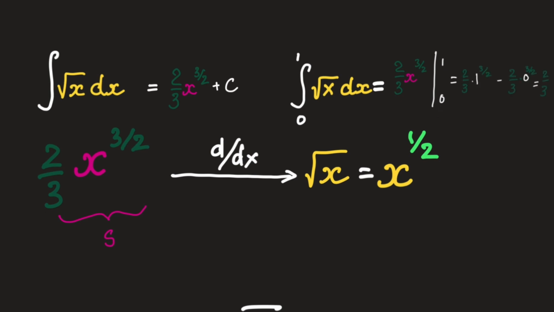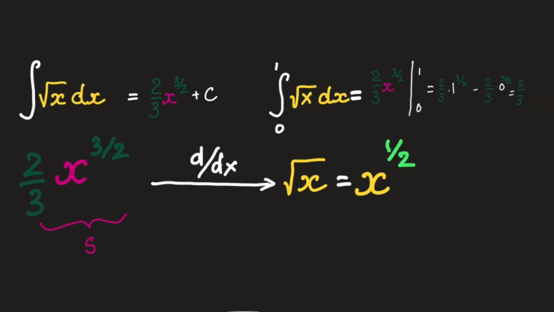This expression is by definition equal to s of 1 minus s of 0, i.e. to compute it, we would evaluate this expression at 1 and then subtract from it this expression evaluated at 0. This gives us the value of the definite integral.